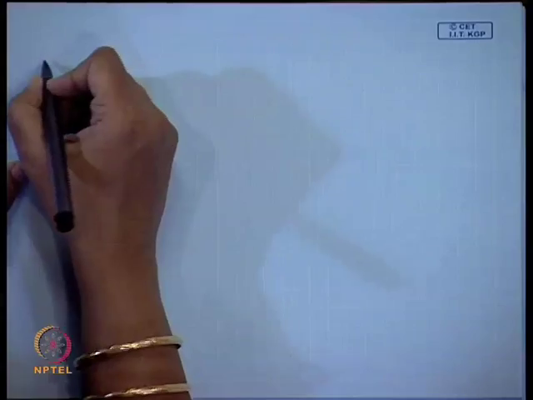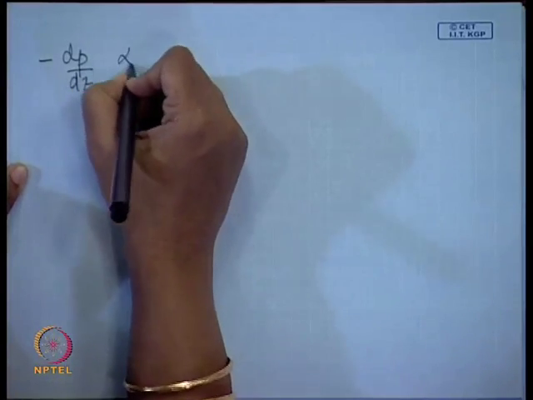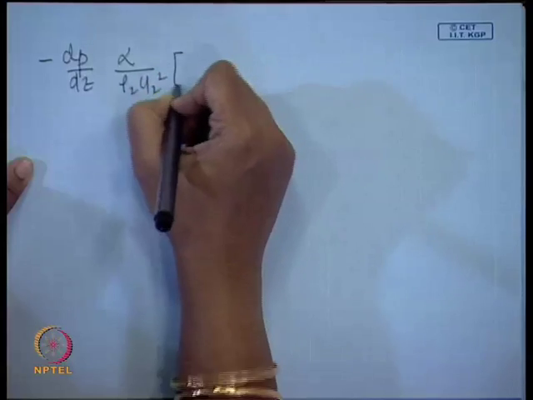So, for that particular case, the thing which we are going to get is minus dp dz alpha by, we are just multiplying one equation by this.